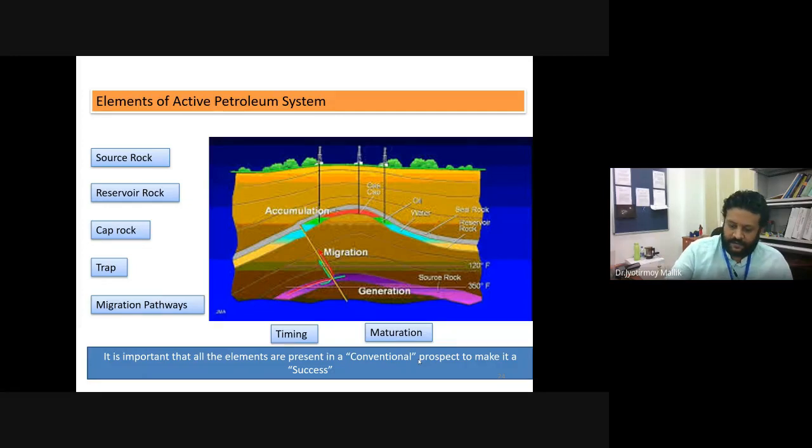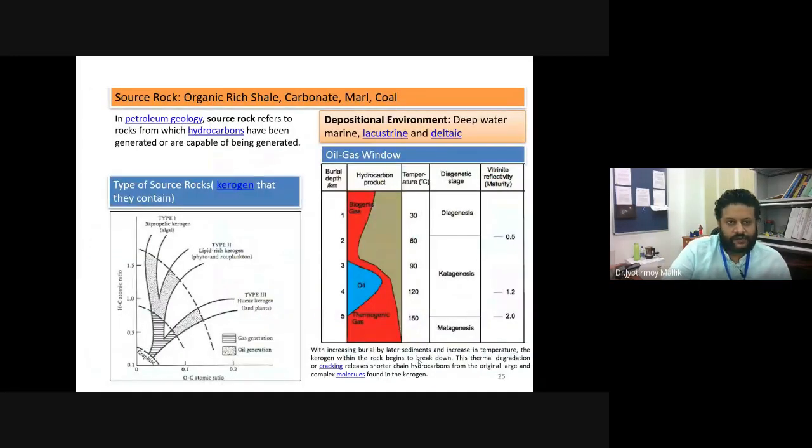Okay. Now let us look into source rock in a bit more detail. So what are the rocks that can form source rocks? They could be organic rich shale, carbonate, marl, or it can even be coal.